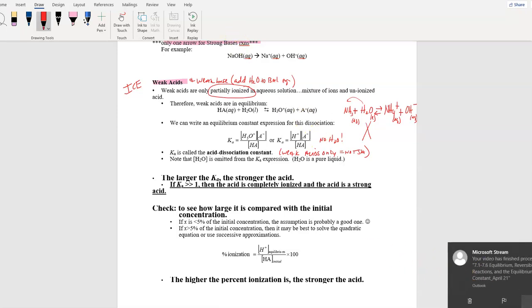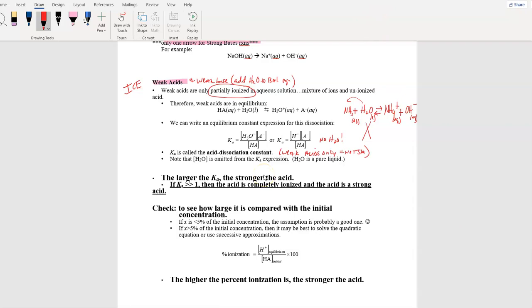The larger the Ka, the stronger the acid. So usually when we do that value times 10 to the negative something, if that negative something was like -1 or 2 or 3 or 4, it's kind of like a stronger weak acid, but it's still stronger. It's when you get those exponents like -9, 10, 11, 12, 19, whatever, that's so beyond weak.